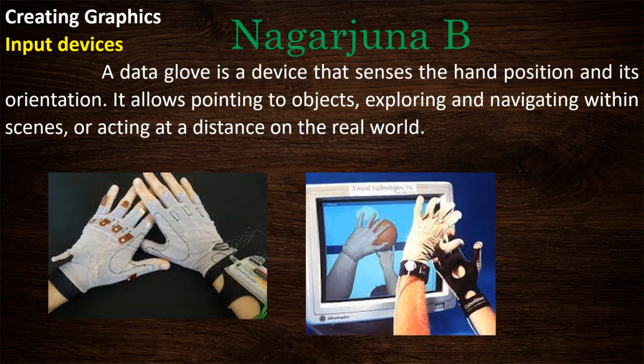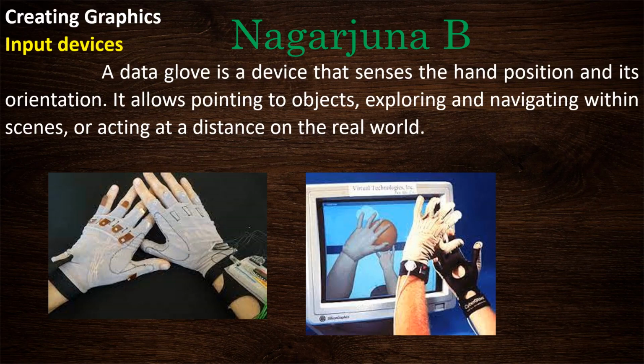Next one is a data glove. A data glove is a device that senses the hand position and its orientation. It allows pointing to objects, exploring and navigating within the scenes or acting at a distance on the real world. You can see in this diagram, those are the images which represent a data glove.